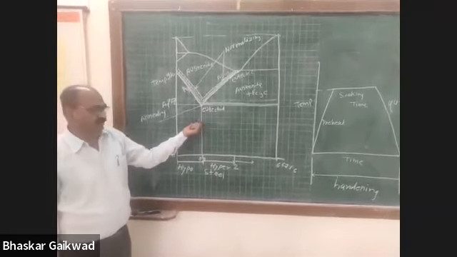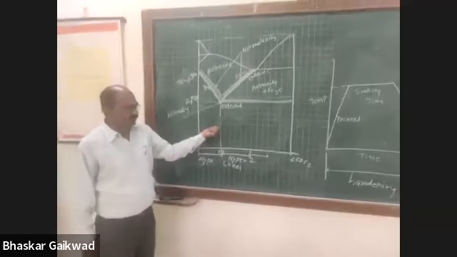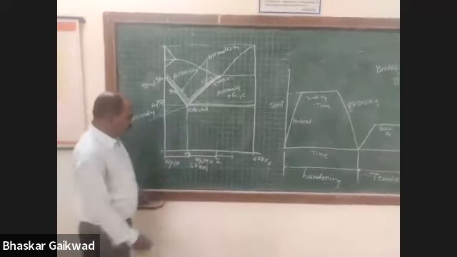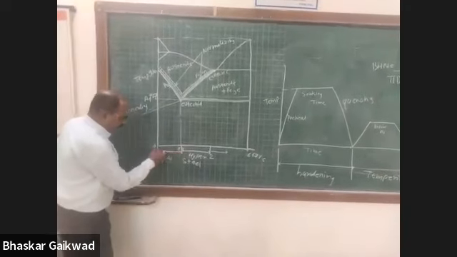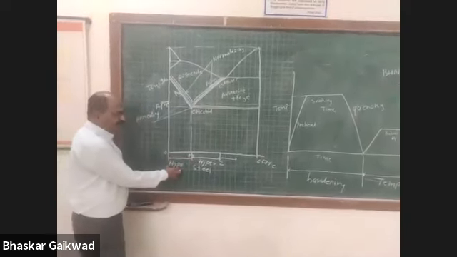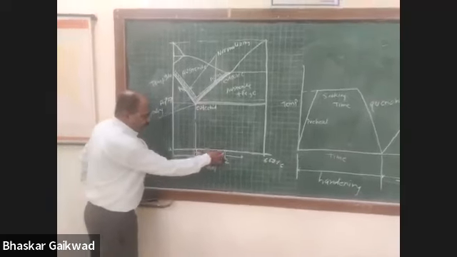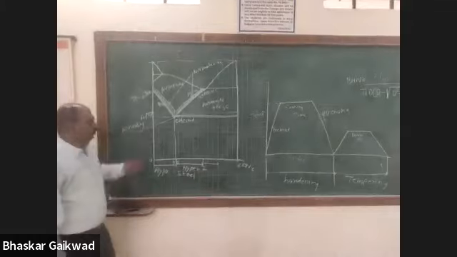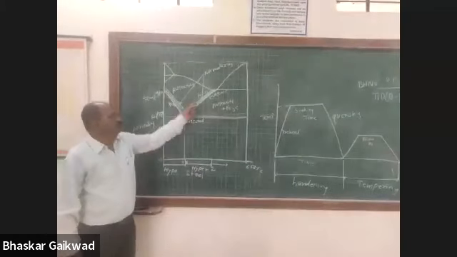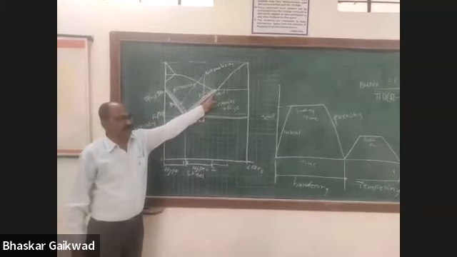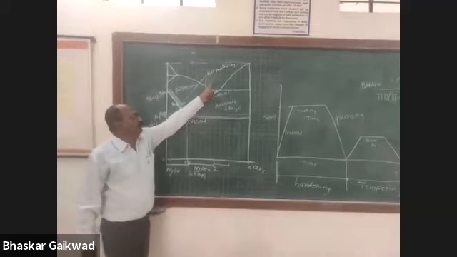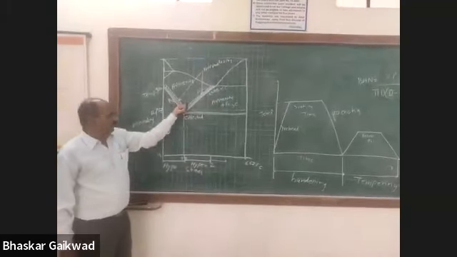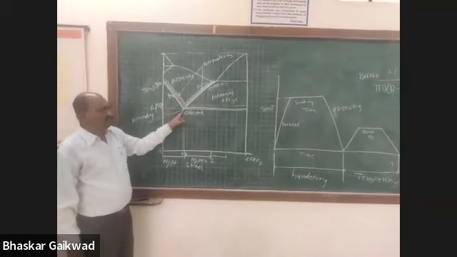So here ferrite plus pearlite, and on this side pearlite plus cementite will come. So 0 to 0.8 you get hypo, and 0.8 to 2 is hypereutectoid steel. This is the eutectoid point and this is the eutectic point. Here from liquid to two solids you will get, at these temperatures.